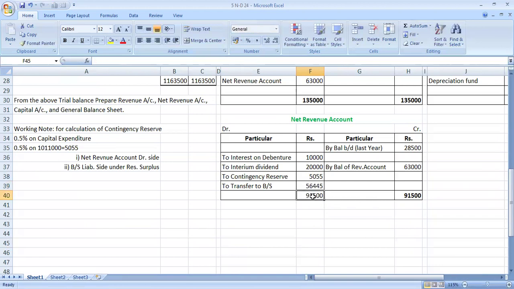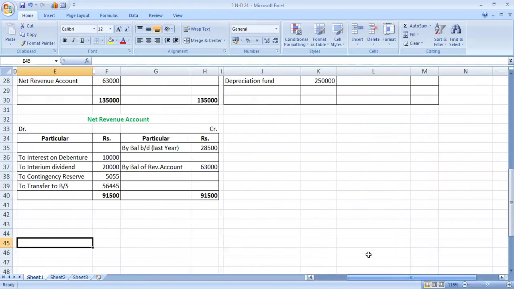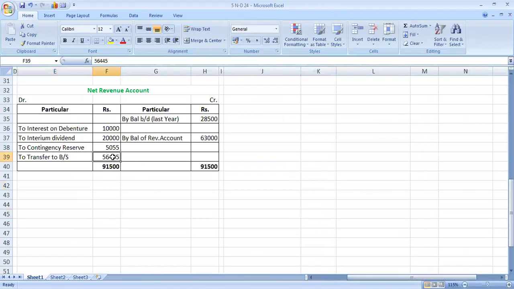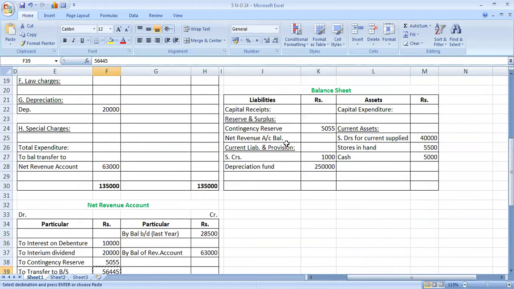Now both sides are tallied. This balance is transferred to the balance sheet under the heading of reserve and surplus. Net revenue account balance 56,445.